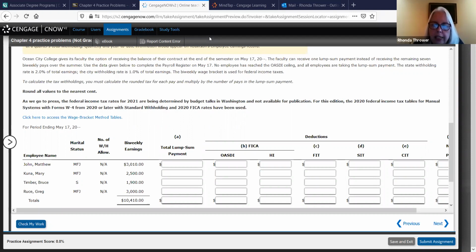Remember, with FIT, you have to go to your wage bracket tables. That's the method they're using in this particular problem. And you have to remember that this employee is married filing jointly. So hang on just a second as I switch back to Cengage for the tables.